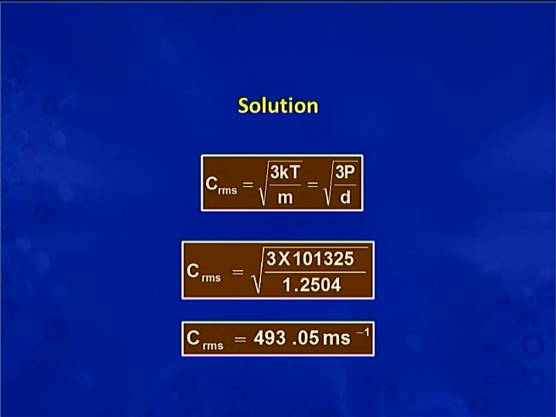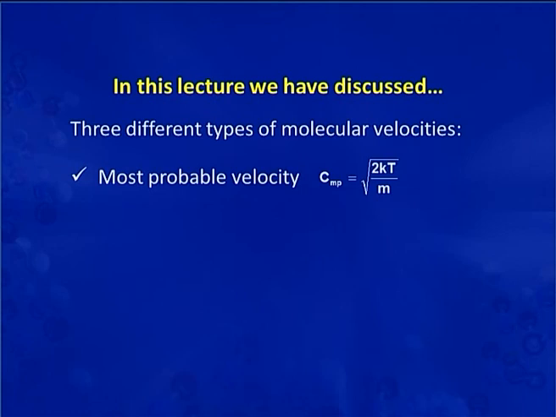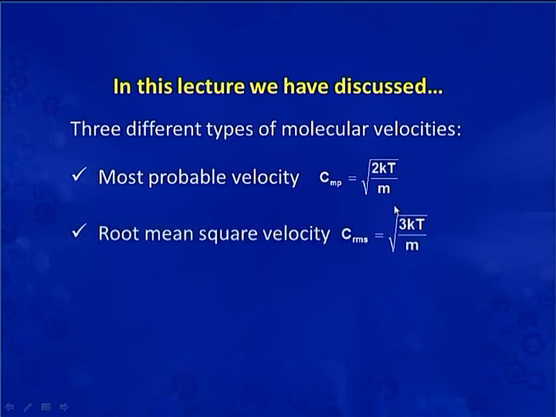493.05 meter per second. So, viewers, in this lecture we have discussed 3 different types of molecular velocities. First one, the most probable velocity, and we derived it. We got CMP is equal to √(2kT/m). Then we derived root mean square velocity.